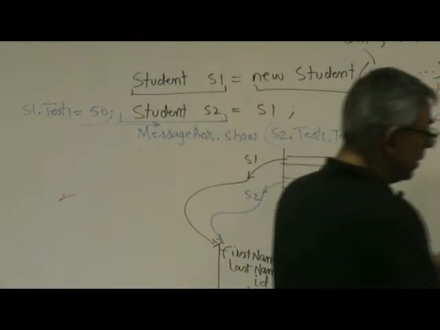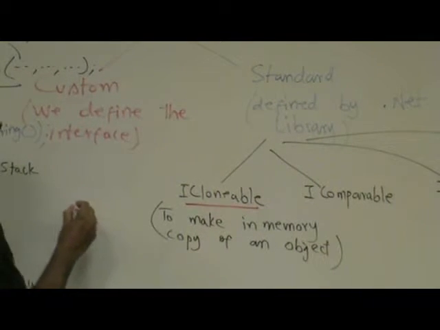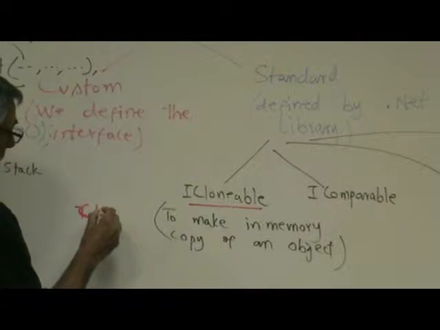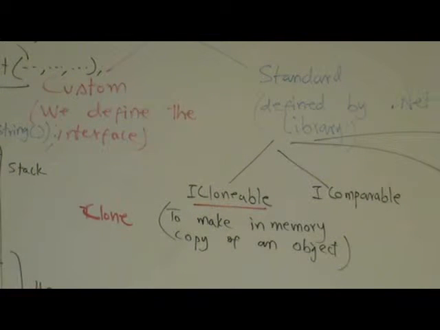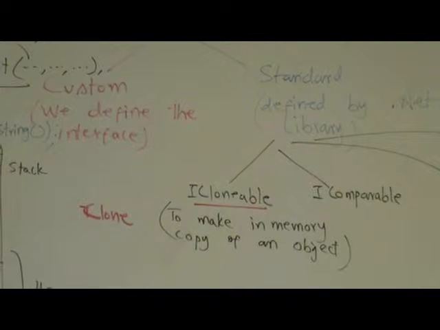So this is where ICloneable comes into play. It has one method called clone, that we will write code for, and once we write proper code for it, we'll be able to copy objects such that each object has its own memory. So that's the purpose of this, right?